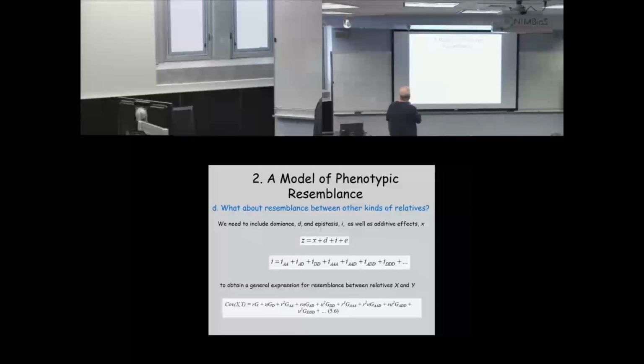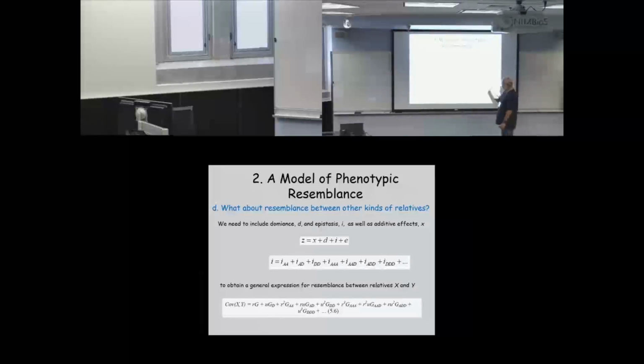Someone asked about epistasis. In the formulation we looked at before, we were just ignoring dominance deviations and epistatic contributions to phenotypic value. The reason is that we're primarily interested in the covariance between parents and offspring to look at responses to selection from one generation to the next.